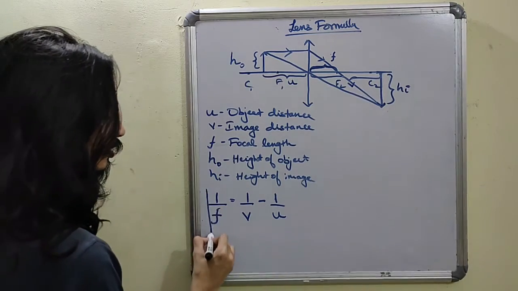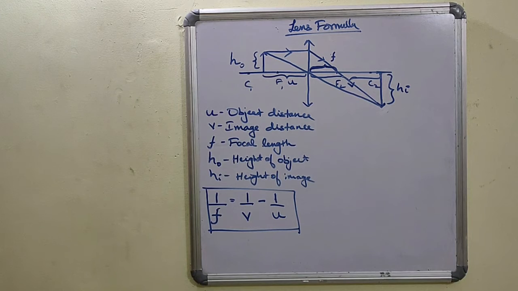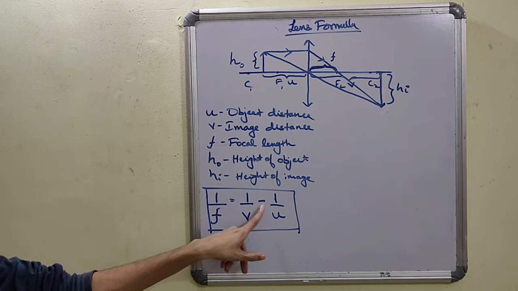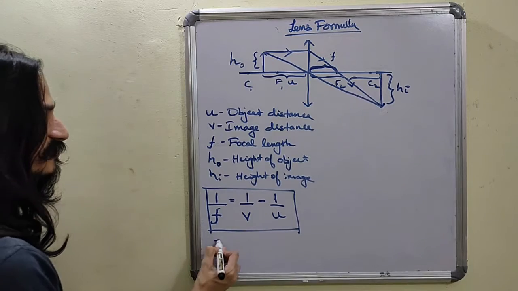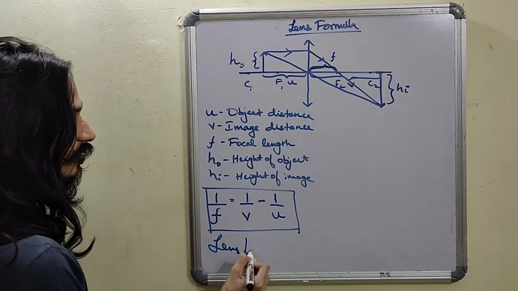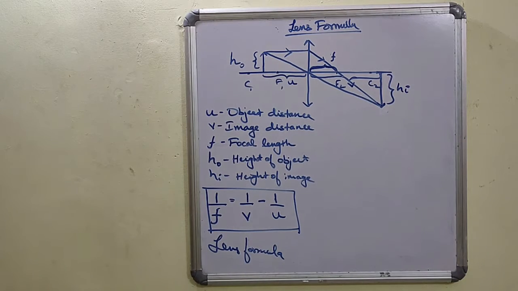This is your lens formula: 1/f = 1/v - 1/u. If you remember the mirror formula, the difference is this minus is a plus there. 1/v + 1/u is the mirror formula, but this one specifically is for lenses, called the lens formula.